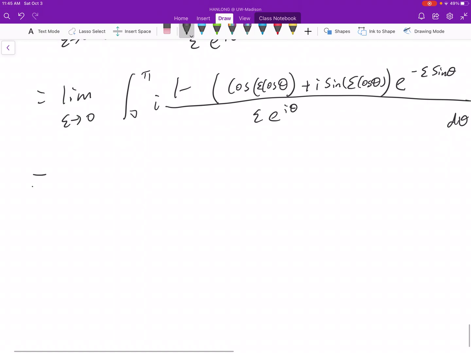Now let's do the Taylor expansion for the numerator.